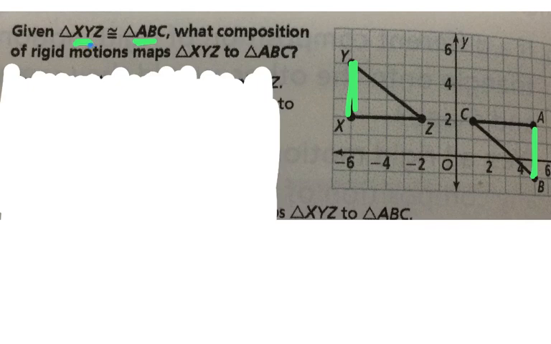And then similarly, YZ is second and third, BC is second and third. So that means YZ, which is here, needs to map onto BC, which is here. And then you can see how XZ is the first and last, and AC are the first and last. So I need to line them up where those colors will line up exactly on top of each other.